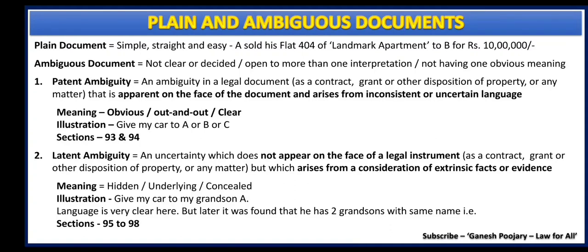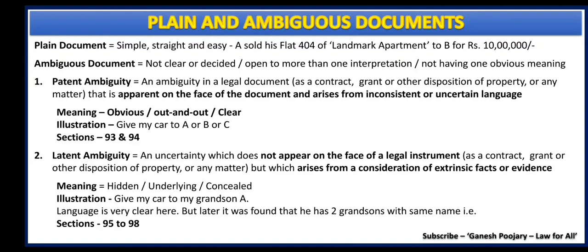It is not seen on the face of the document, and the illustration is: give my car to my grandson A. Here the language is very clear. X is writing that give my car to my grandson A. That is very clear. But when you really try to give the car to his grandson A, you find that there are two grandsons who are named A. Now, when you see the document, you never felt there could be some ambiguity.